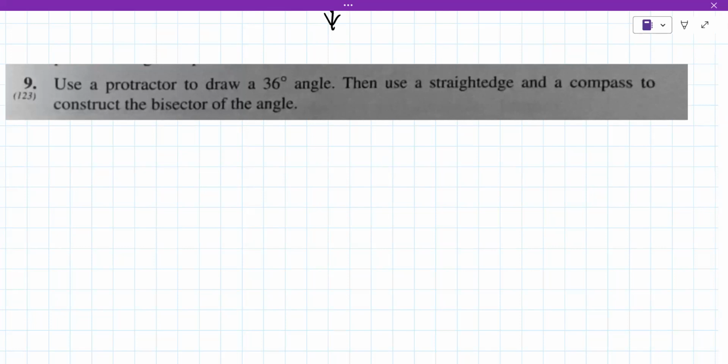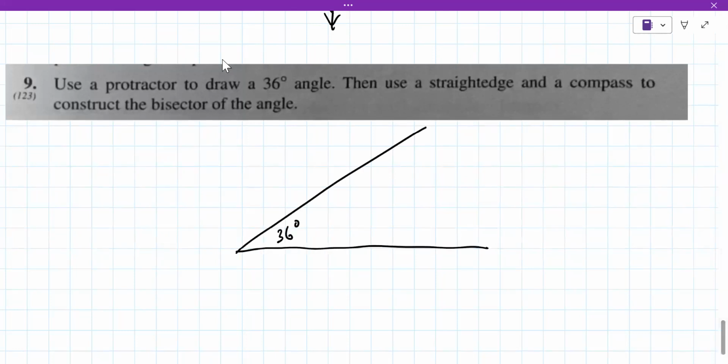Use a protractor to draw a 36-degree angle. So let's just say for a moment that that is actually 36 degrees. Looks about right. The next thing here is to bisect it. So the first thing you do is you go there and you swing this huge arc somewhere there. Then you go to each of these places and you swing an arc like that.